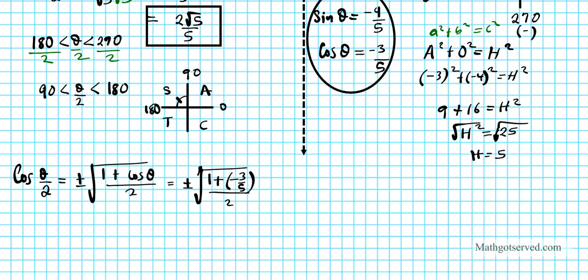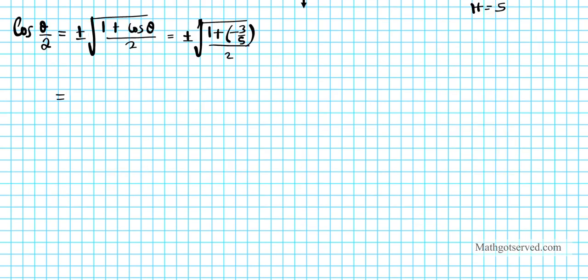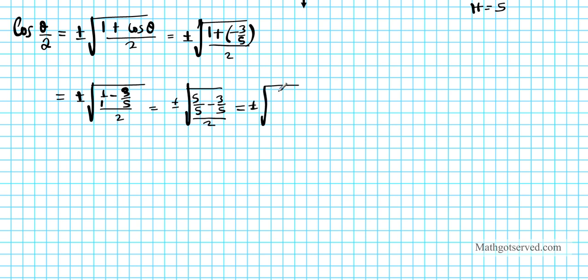Okay, simplifying it further, we're going to have plus or minus the square root of, we can write it as 1 over 1 minus 3 over 5, over 2, because when you add a negative, you have a minus. So you have plus or minus the square root of 5 over 5 minus 3 over 5, over 2, which equals plus or minus the square root of 2 over 5, because when you subtract the top, you have 2.